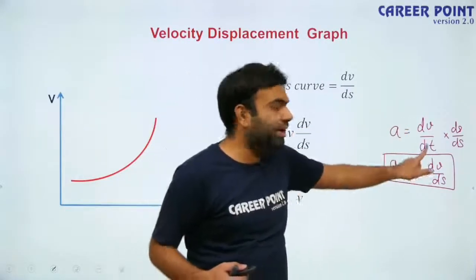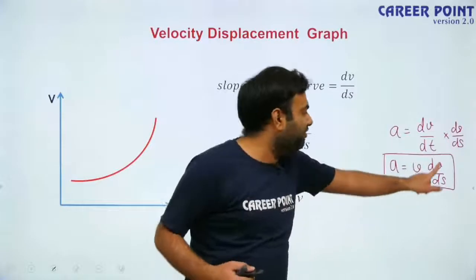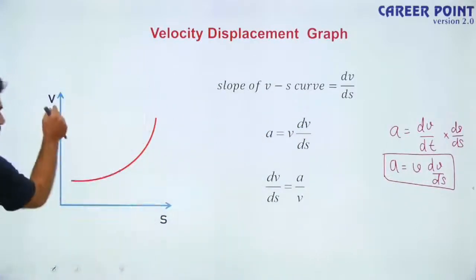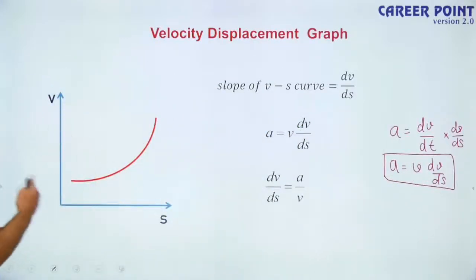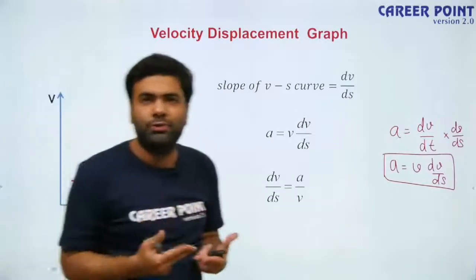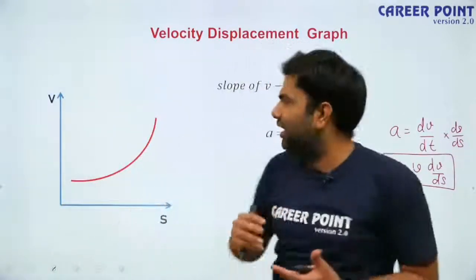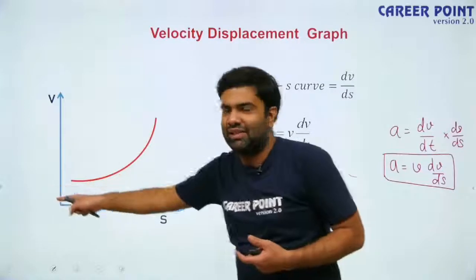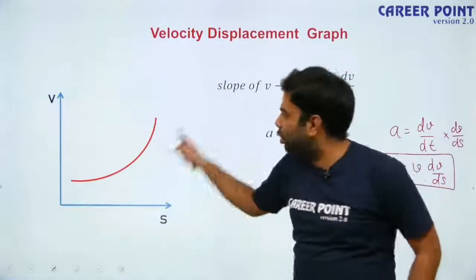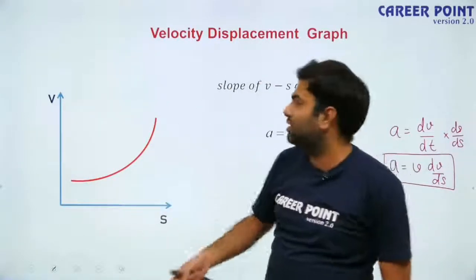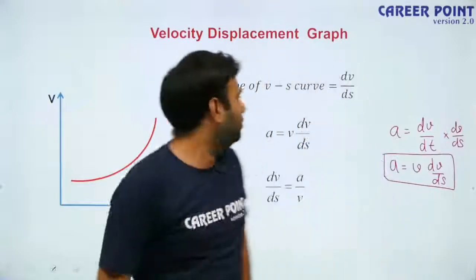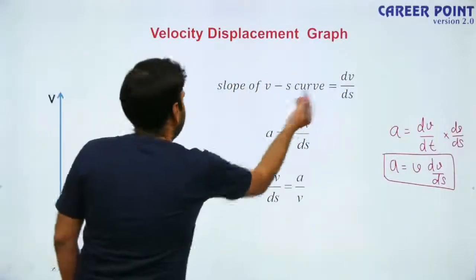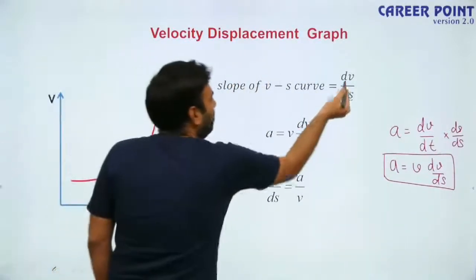Acceleration is dv by dt. Also, it is v dv by ds. And because this is a v-s graph, what is the meaning of slope? Slope means dy by dx. Here on the y-axis we have v, on the x-axis we have displacement. So the slope at any point will give us dv by ds. Okay, the slope of the v-s curve at any point will give us dv by ds.